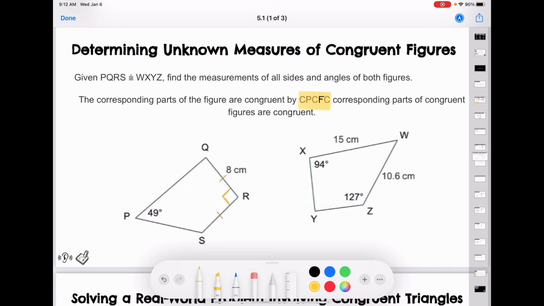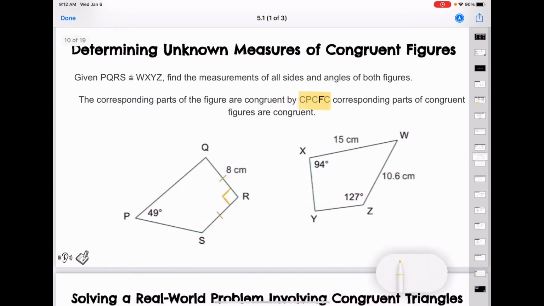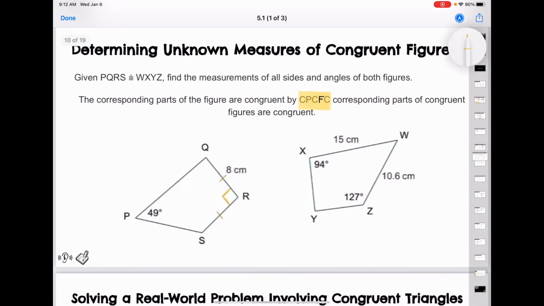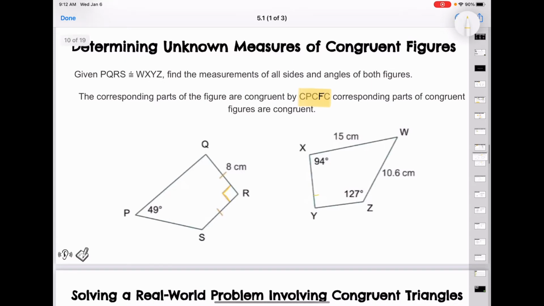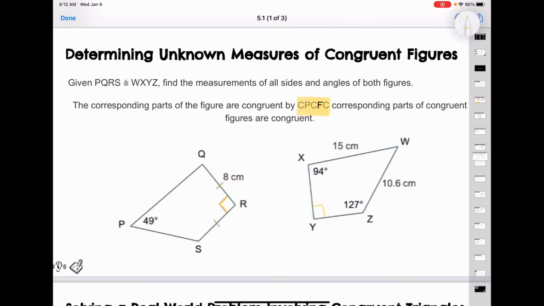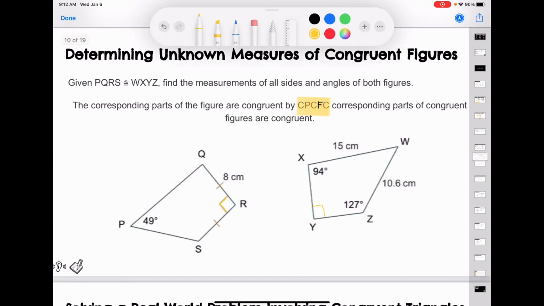Where would we have a 90-degree angle? Well, it looks like a 90-degree angle would reasonably be located right here. So what does that tell us? Well, that tells us that our R maps to where our Y is. So angle R is congruent to angle Y.